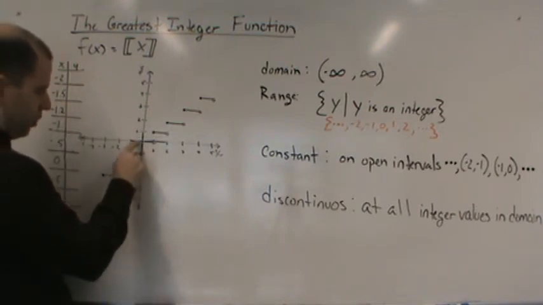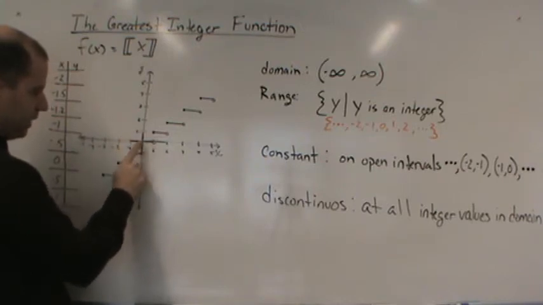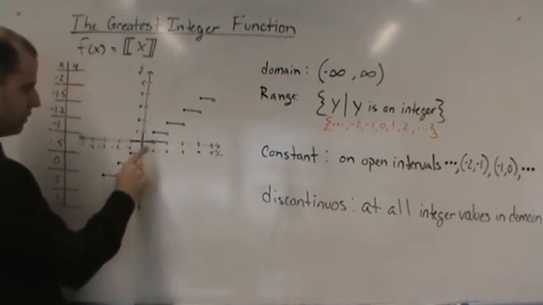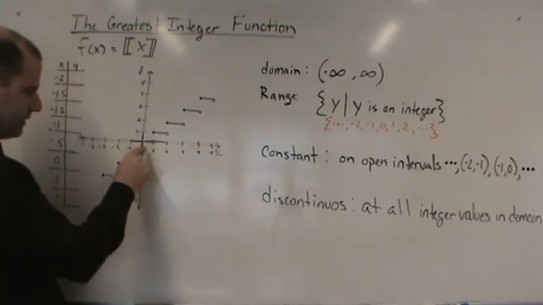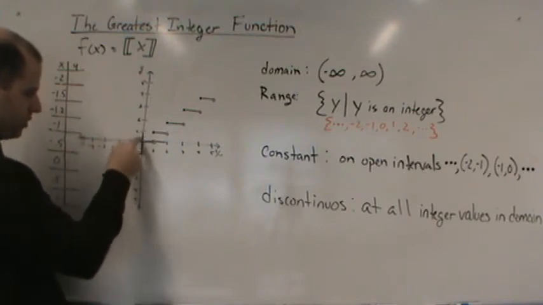As you go across, getting closer and closer to 1, what's the value of the function? It doesn't go up, because the greatest integer function gives you the largest integer that's less than this number. From here to 1, it's just going to give me 0.